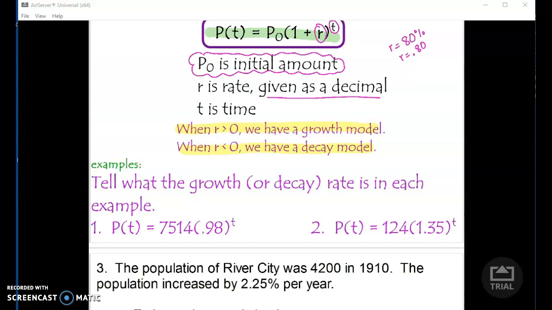See how the 0.98 really should be the 1 plus r. So we're going to say 1 plus r, because that's what's in parentheses, is equal to 0.98. So if we subtract 1, r is going to be negative 0.02. Well, we said if r is less than 0, then we have a decay model. So this is going to be decay, and we could say it's a decay of 2%.